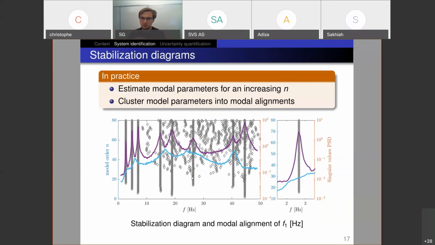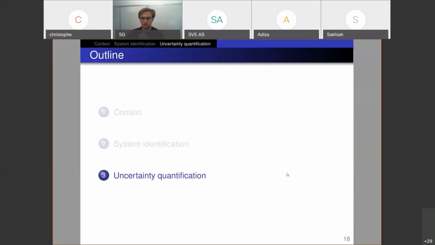So now the difficulty would be to separate those stable modes from those scattering modes. And on the figure on the right, you can see a zoom on the first stable mode, which would be the first modal alignment.